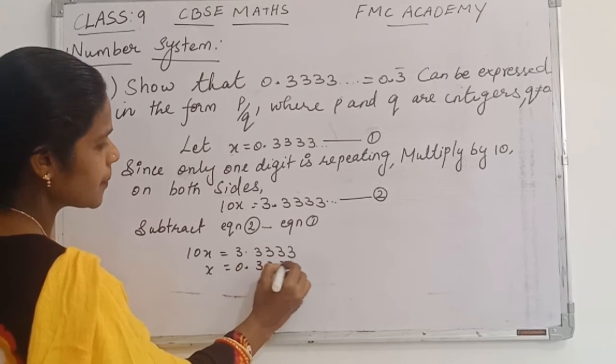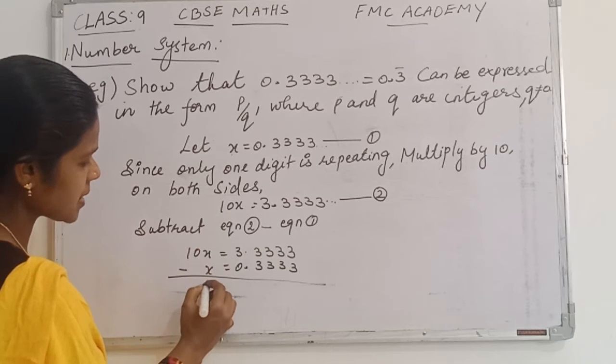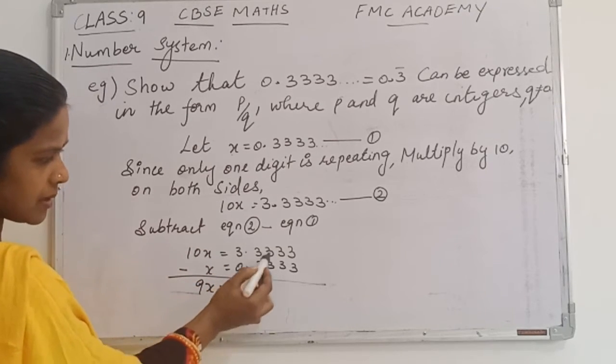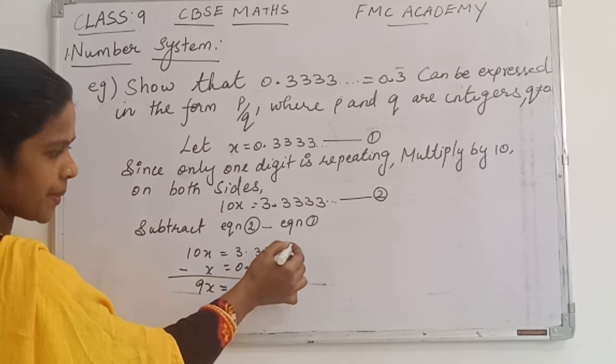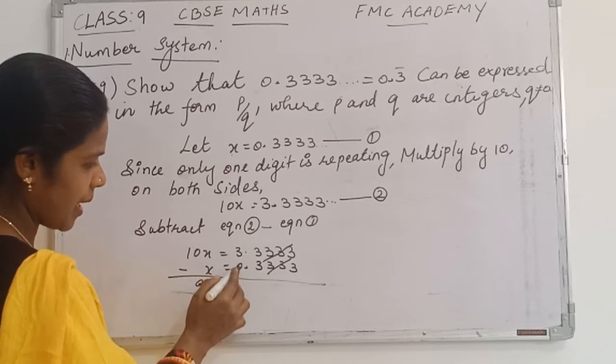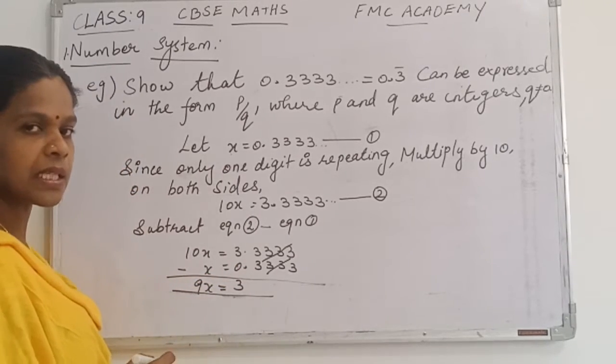Just subtract it now. When you subtract 10x minus x, you will get 9x is equal to, here you can see the 3s, when you subtract, you will get 0. So just cancel it. What do you have now? 3 minus 0 you will have 3. So this is the answer we are getting: 9x is equal to 3.